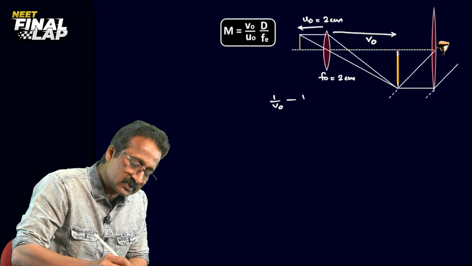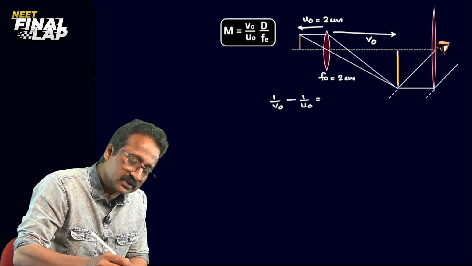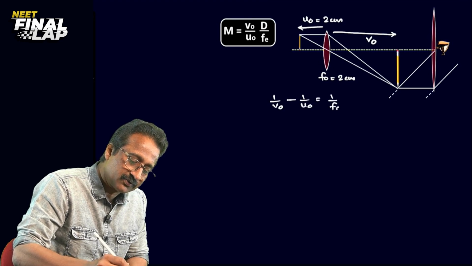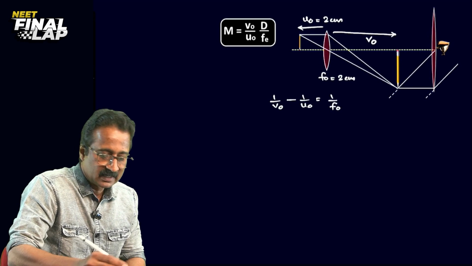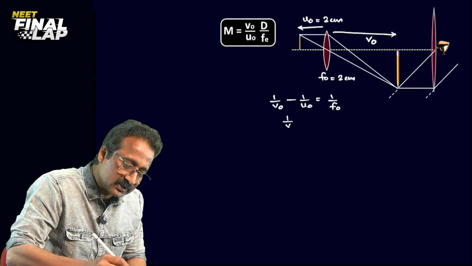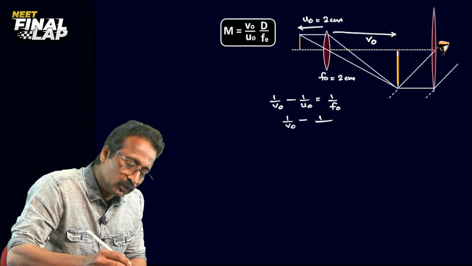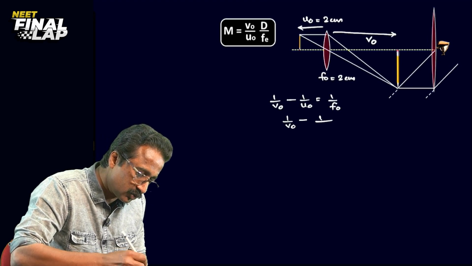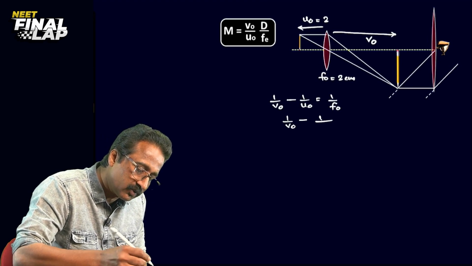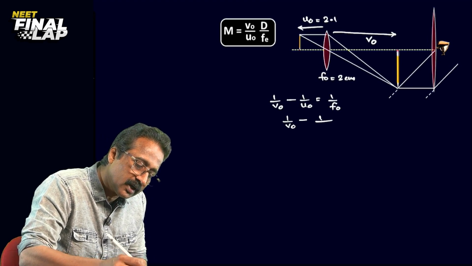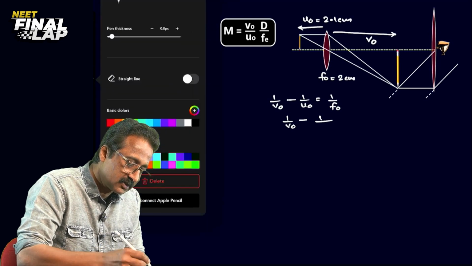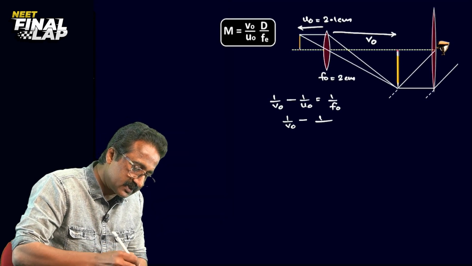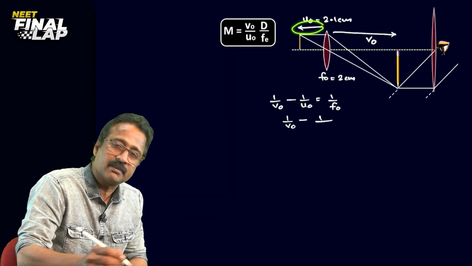1 by V minus 1 by U is equal to 1 by F can be used for any lens. So for the objective lens, I am using it. Yes, Vo is unknown for us, so 1 by Vo minus Uo. Oh, no, I think I made a mistake. Not 2 centimeter. It is 2.1 cm, isn't it? Yeah, this was 2.1 cm. As it is 2.1 cm, remember it's negative also because it's a measurement that is made backward.